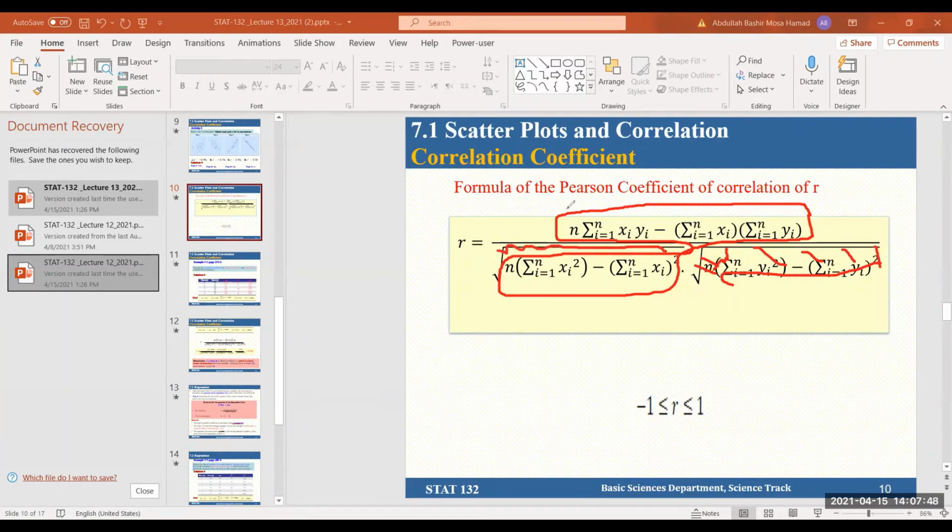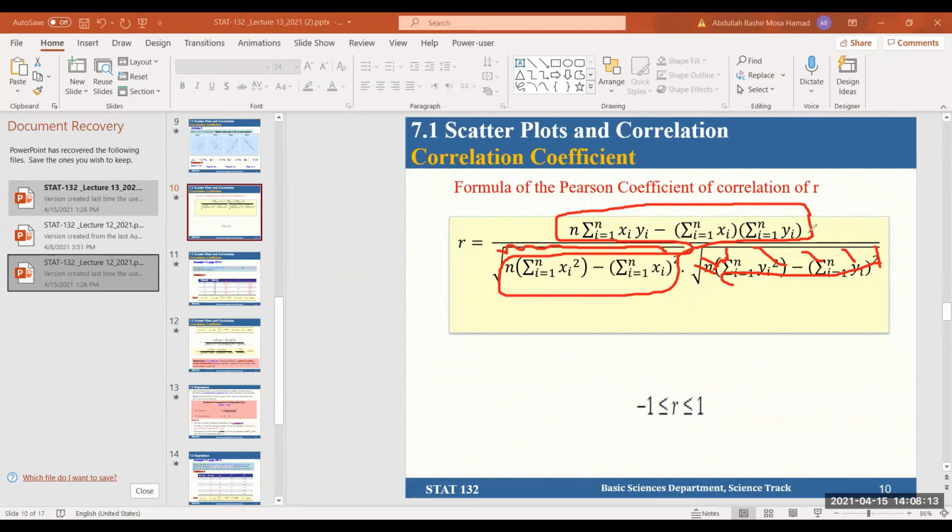That's why if this is positive, B will be positive, and R also will be positive. If this is negative, both will be negative. Actually, this is always positive. The square root of a square is positive, but this could be positive or negative. So if this is positive in R, of course, it will be positive in B.